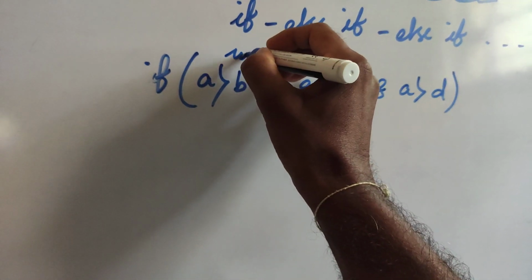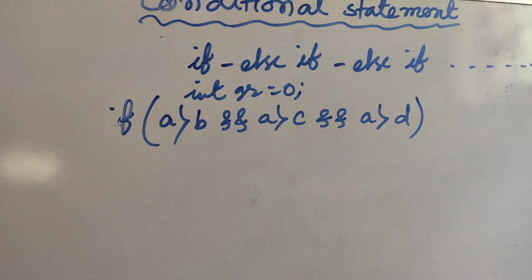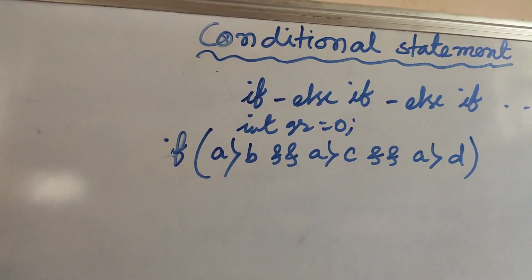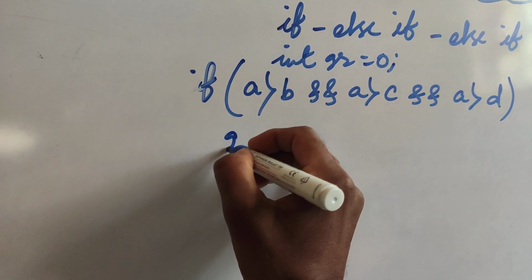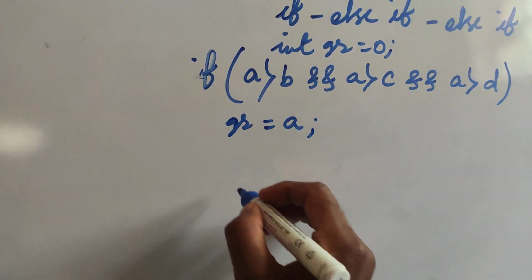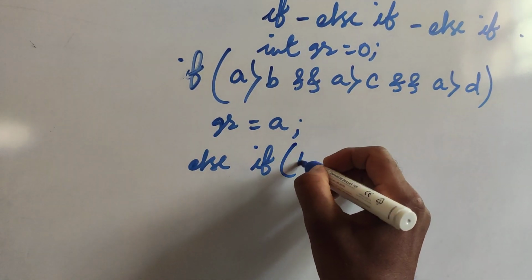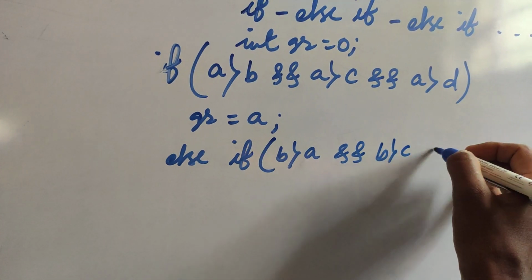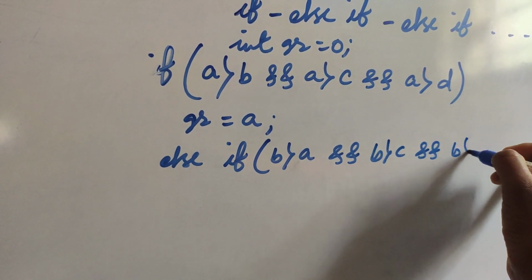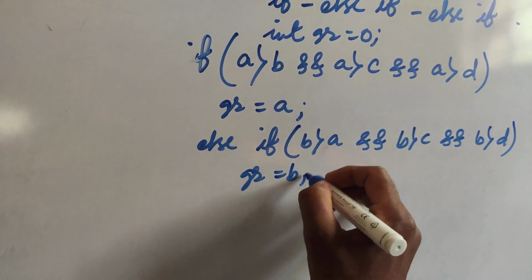Suppose I am writing gr equal to 0 to find the greatest among 4. I am writing gr equal to a. Else if b greater than a and b greater than c and b greater than d, gr equal to b.